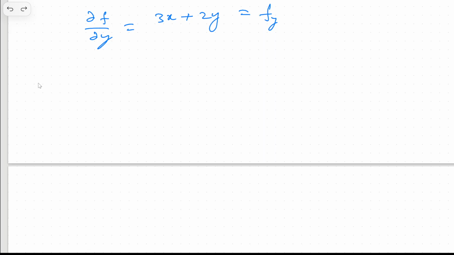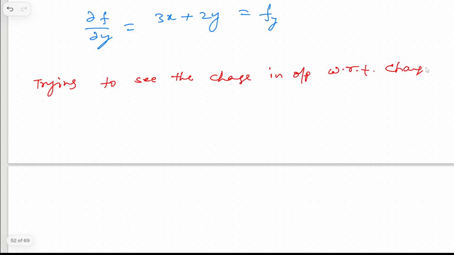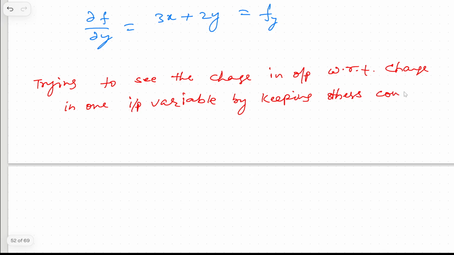It means we are trying to find, by calculating this partial derivative, the change in output with respect to change in one input variable, or you can say independent variable, by keeping others constant.